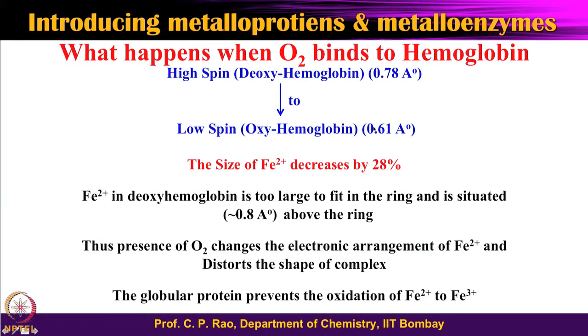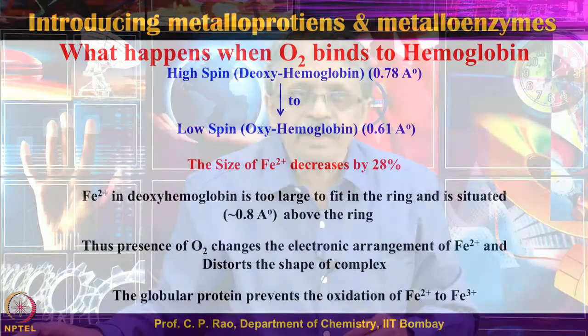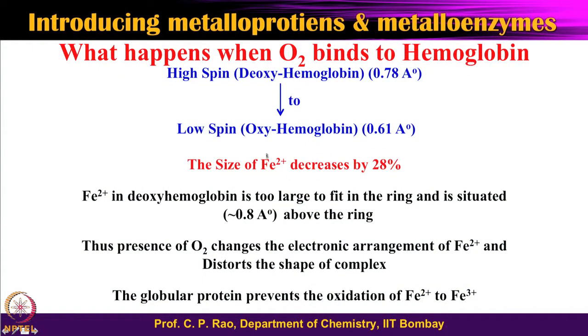From the coordination chemistry principles that we studied, we know that the oxo-ligands are not very strong field ligands, they are rather weak field ligands, and they generally encourage the system to form high spin complexes. But in the case of hemoglobin or myoglobin, when the oxygen is bound as an additional ligand, it prefers the low spin.